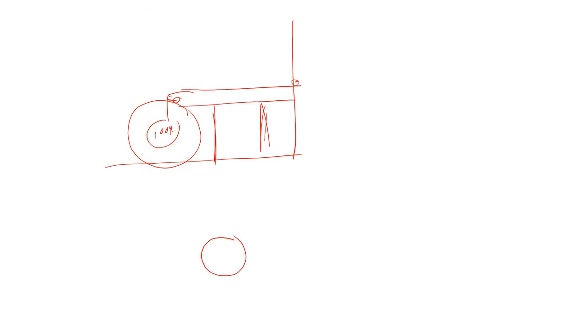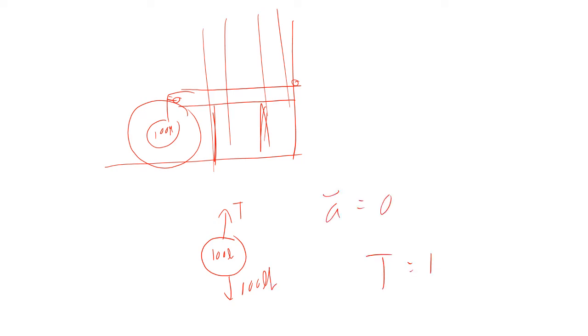You just look at the 100-pound object. You ignore everything else. Again, politician view. You only look at the one thing you're interested in, the 100-pound object. And so we have tension pulling up. We have gravity pulling down with 100 pounds. It's just hanging here, acceleration zero. Therefore, the tension is 100 pounds, which means that it's pulling on the wall with a force of 100 pounds.